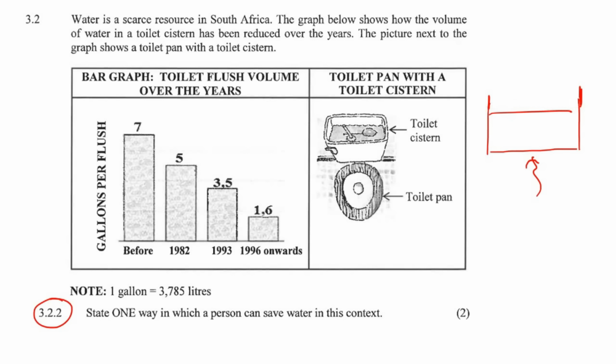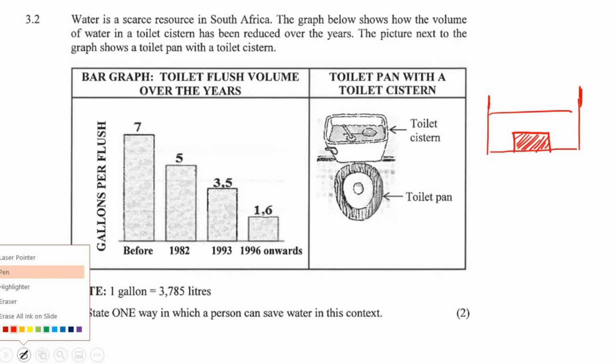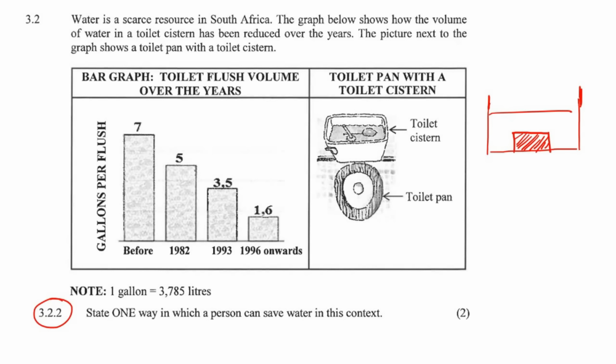Okay, so one way that some people do this is you take a brick. You literally go take a brick and you put it in the bottom of the cistern like that. Now, you might be wondering, Kevin, how does that help? Well, let me explain. That brick takes up volume, okay? So what happens is that the water now starts filling up over there, and over there, and over there.